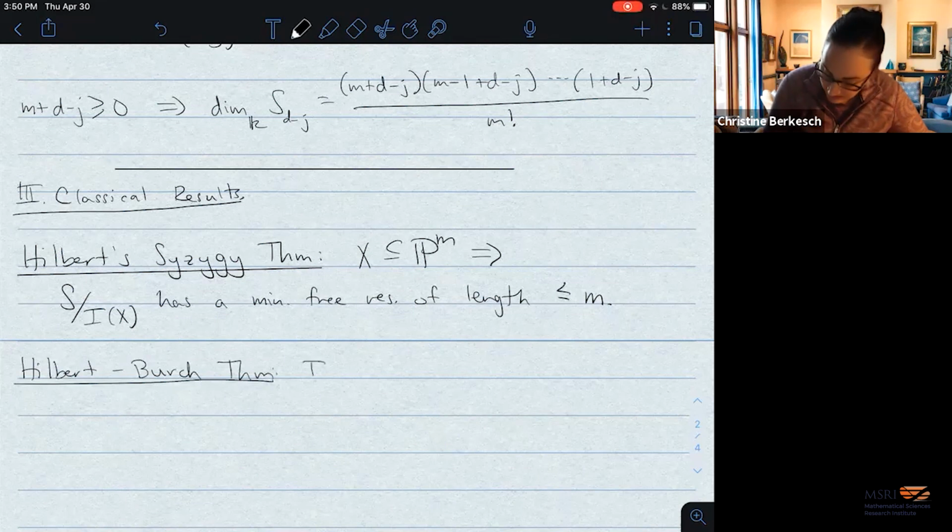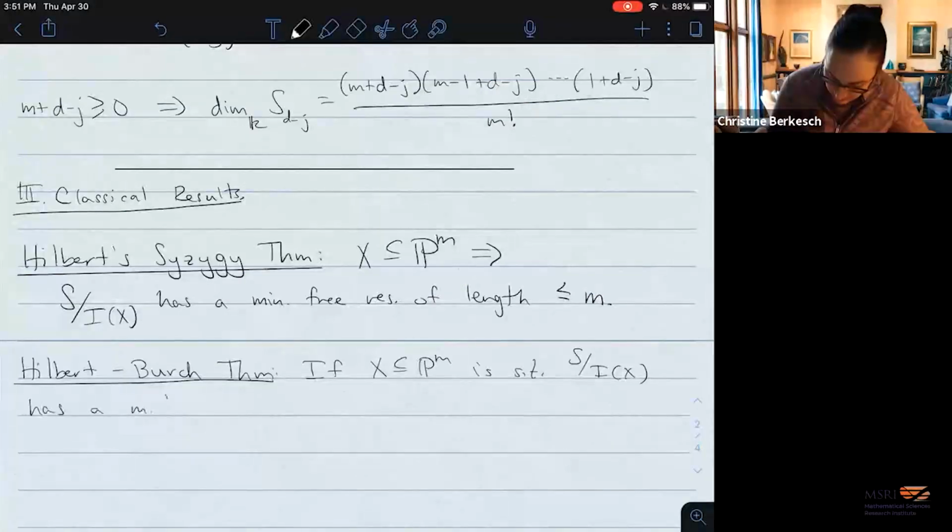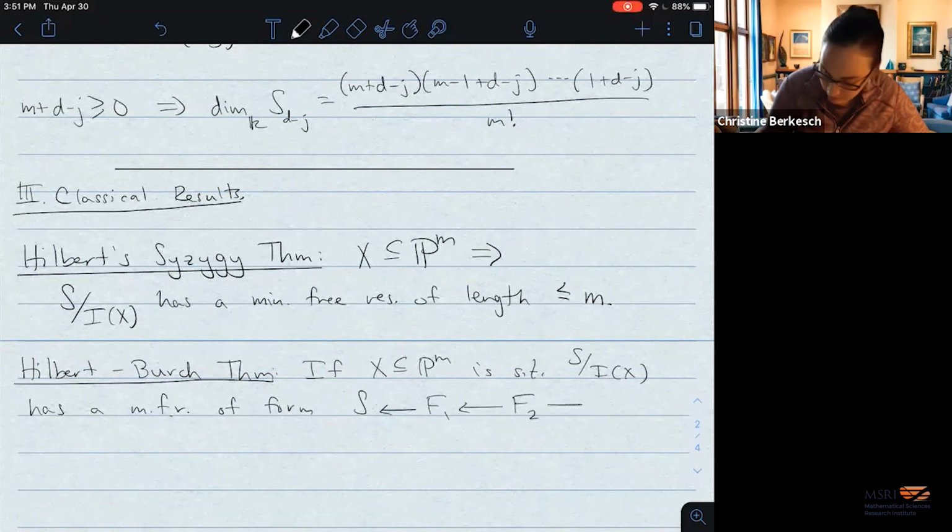So if x is such that S mod I of x has a minimal free resolution of the form, so it's short, we have 2 steps, with the equations that define our ideal and then a matrix in the second step.